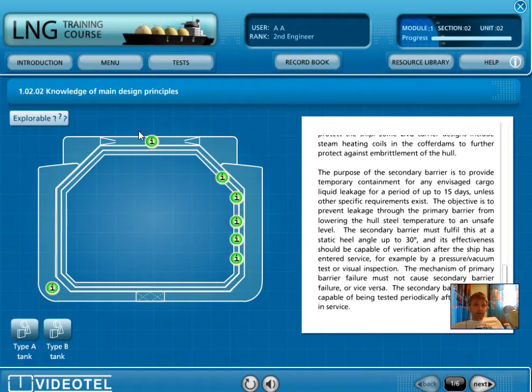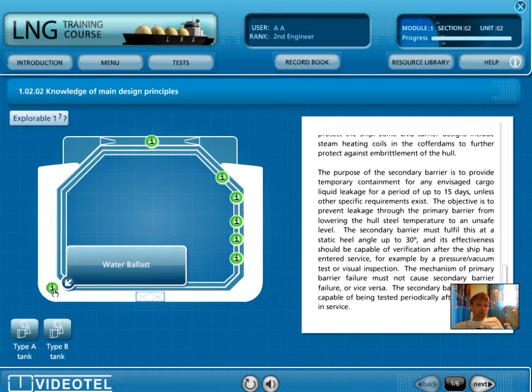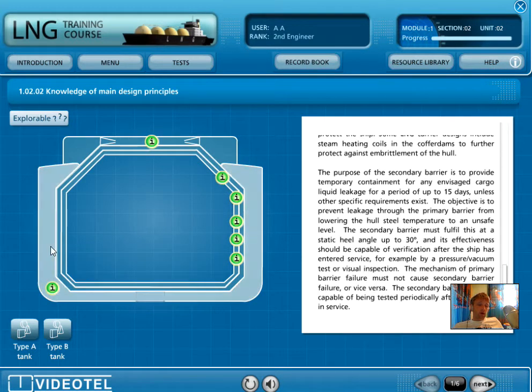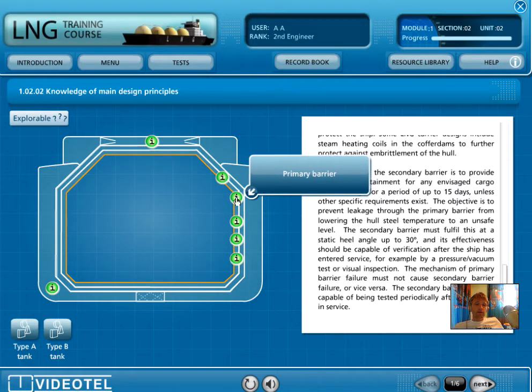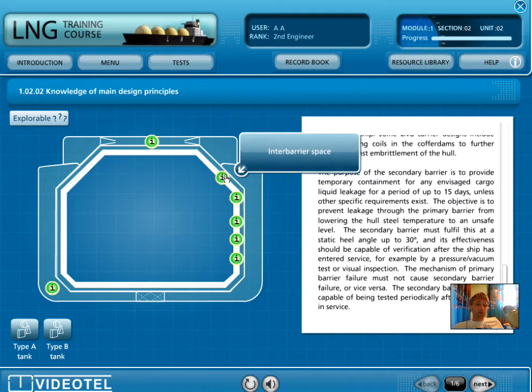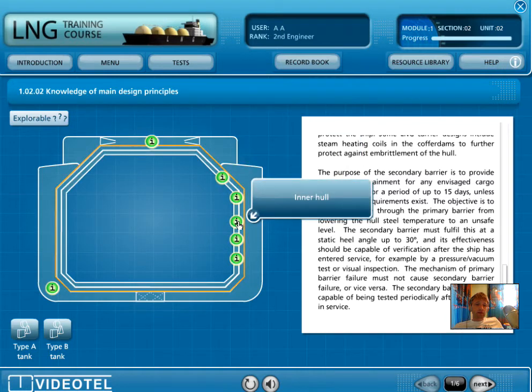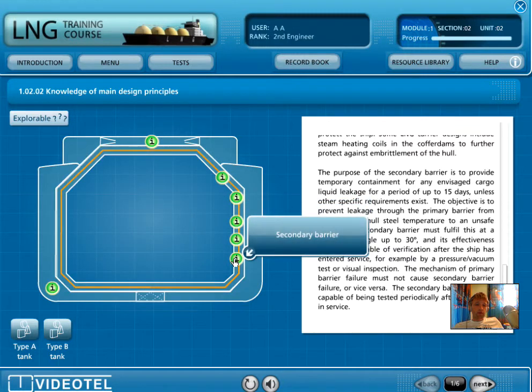And let's see together what we have here: water ballast or void space, some of the construction, water ballast down below here. Here we have the inter barrier space, as you can see it holds the gases, the primary barrier which is inside, the inter barrier space, the inner hull, and the insulation, and then the secondary barrier, which is this one here.